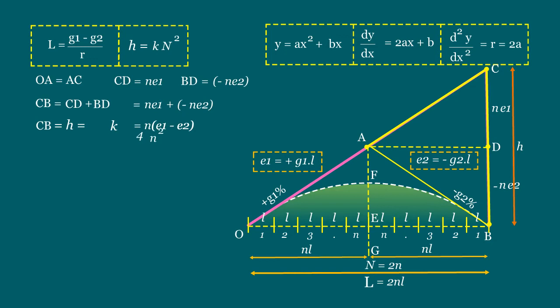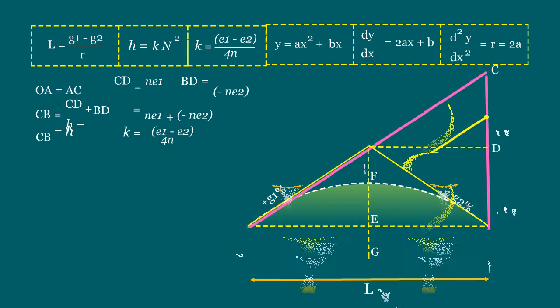Now, k equals n into e1 minus e2 divided by 4n square. Here, this n and square of the n get cancelled. So, finally, k equals e1 minus e2 divided by 4n. In the above equation, proper care for signs must be taken while substituting the numerical values of e1 and e2.